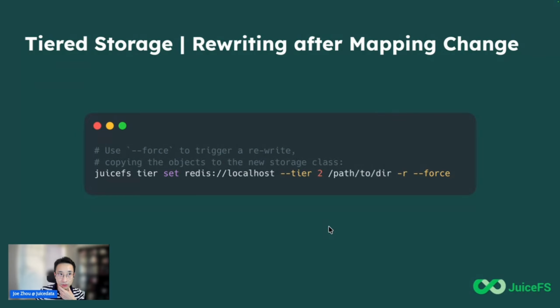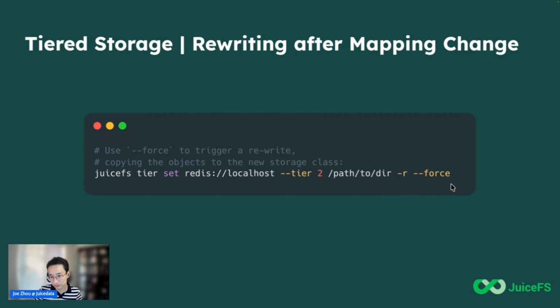Another example could be that you change the mapping from the tier ID to a different storage class. From the metadata engine's perspective, tier ID 2 doesn't change, but now tier ID 2 may be mapped to a different storage class on the object storage side. When that's the case, we also want to use the force flag in order to reprocess all the objects.